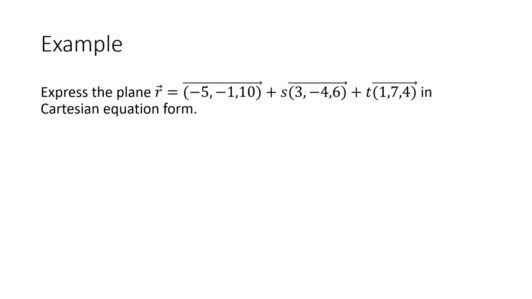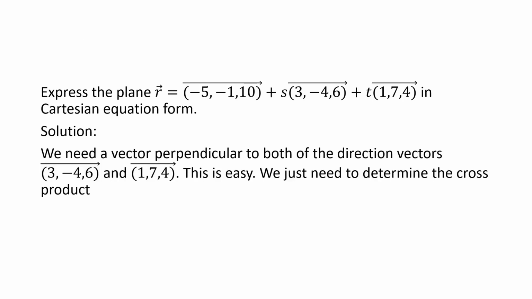So keeping that in mind, let's imagine we're given a plane in vector form as shown. Now, we want a vector perpendicular to both of the vectors that we know to be in the plane. So we want a vector perpendicular to both 3, negative 4, 6, and 1, 7, 4.